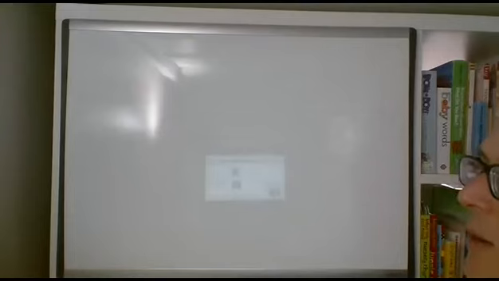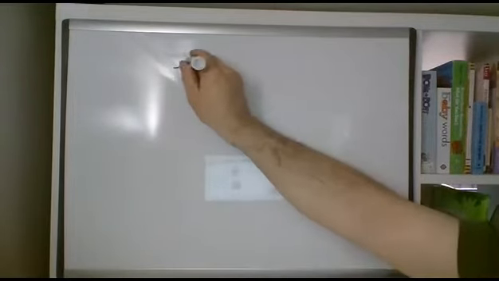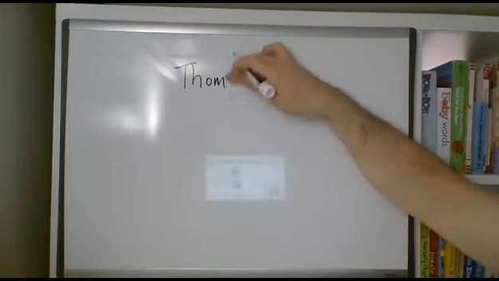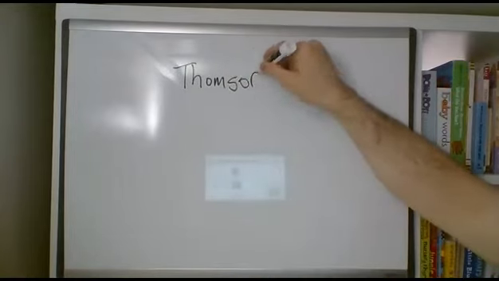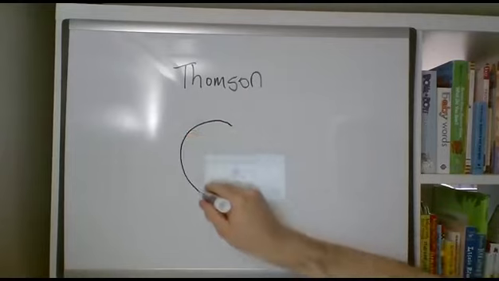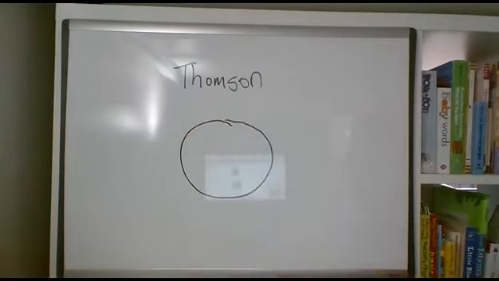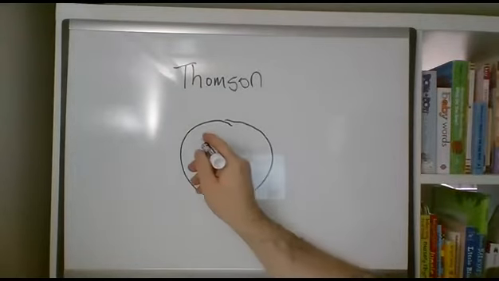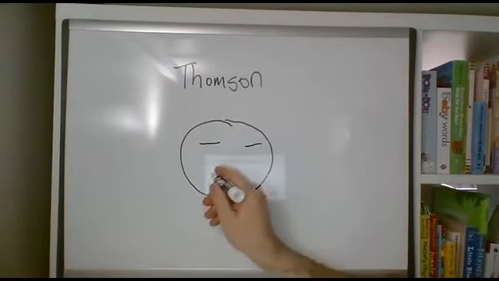So around the late 1800s, early 1900s, this is when Thomson took Dalton's model and he did his cathode ray tube experiment, and he found out that there were electrons inside.